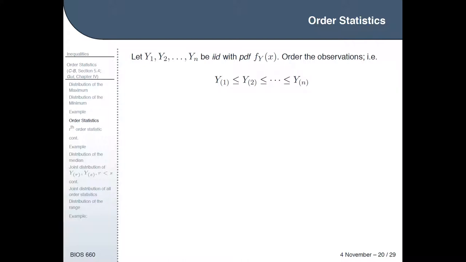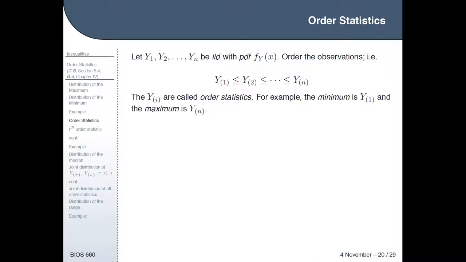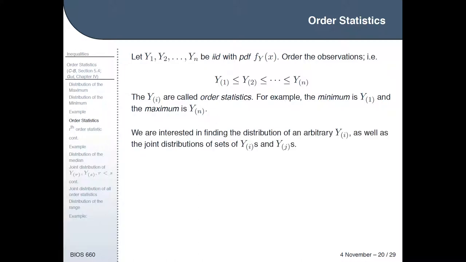Basically you take a sample of size n, then you order that sample from smallest to largest. The smallest one is Y with the 1 in parentheses, the second smallest is Y with 2 in parentheses, and so up to Y with n in parentheses, the maximum. Y(1) is the minimum, etc. These are called order statistics. The minimum is Y(1), the maximum is Y(n).